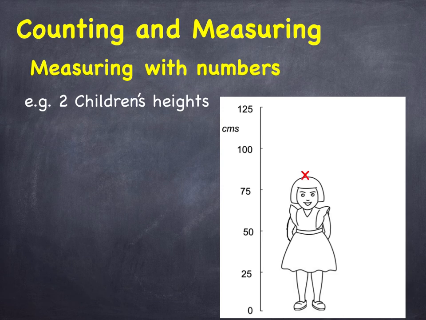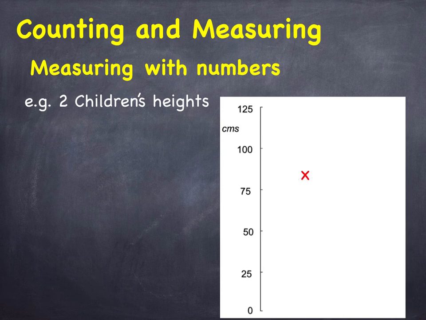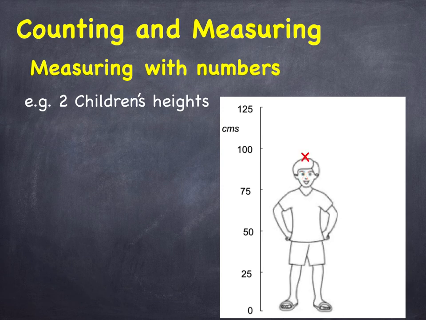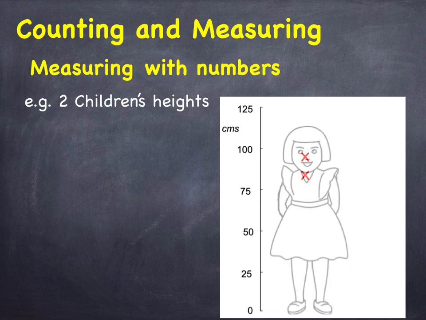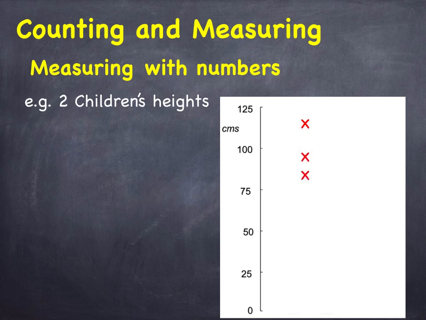First child, second, third, and so on. By the time half the class have had their heights measured, the plot looks like this. So, this is another example of measured data that can be plotted on a numbered scale.